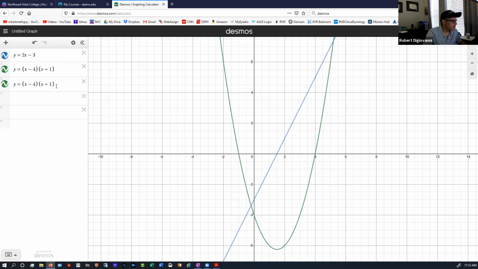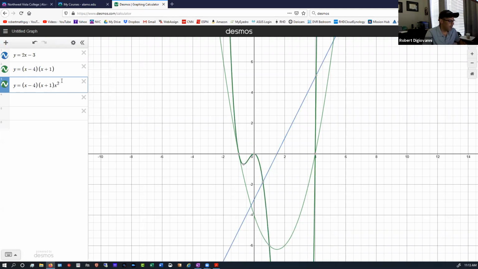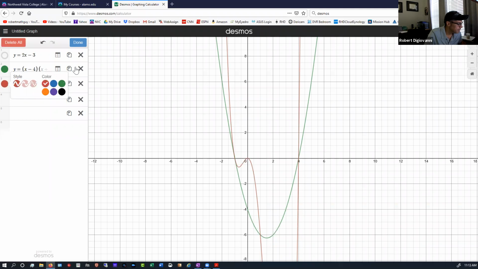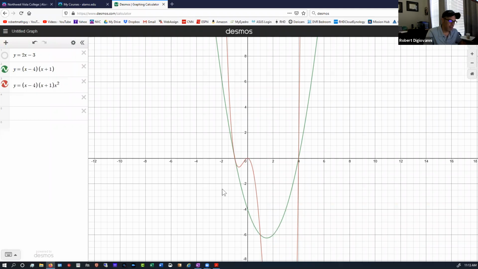And now all I'm going to do is add the x squared to the back. I'm going to take the line out so we don't get distracted by it. I'm also going to change the color. Okay, so the red one here is this 4th degree polynomial, and then the green one is the quadratic.